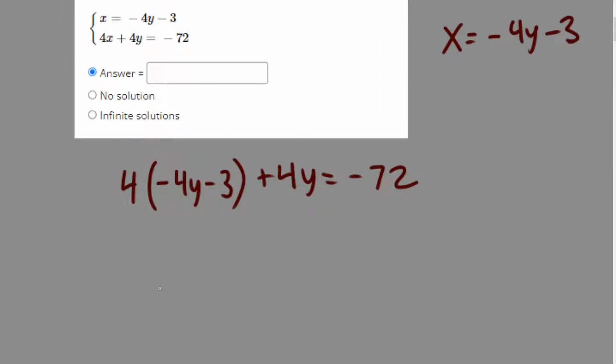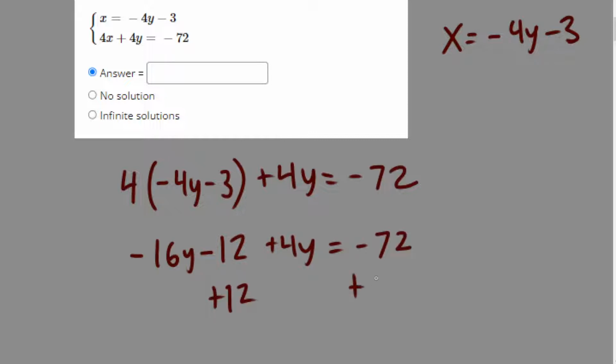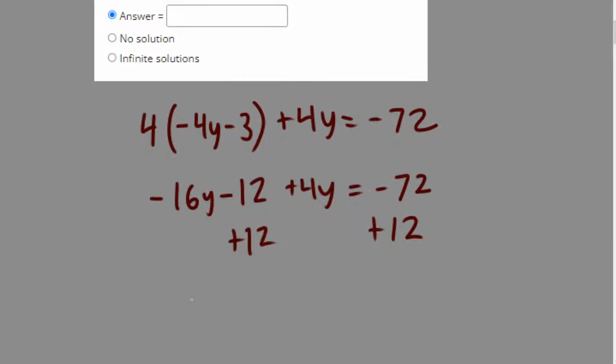So let's do that. We have 4 times negative 4y, which is negative 16y, minus 12, plus 4y equals negative 72. I'm going to add 12 to both sides to get the y by itself. So plus 12, that will give us negative 16y plus 4y equals negative 60.